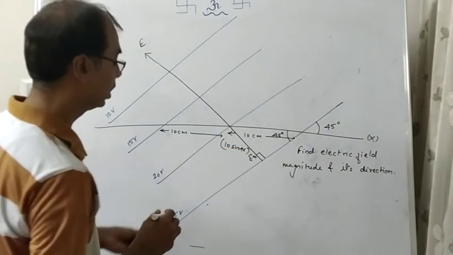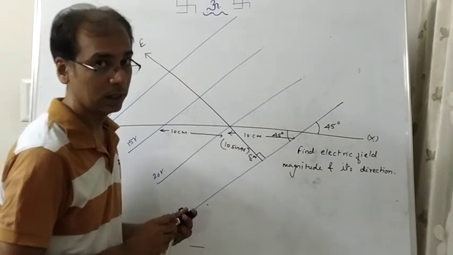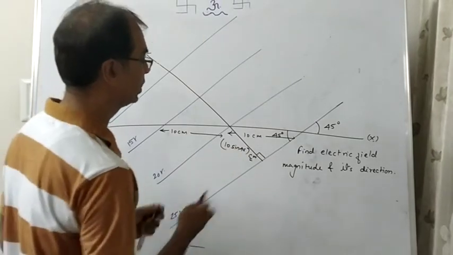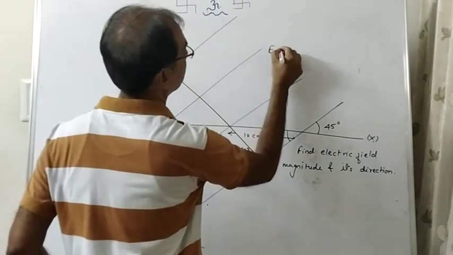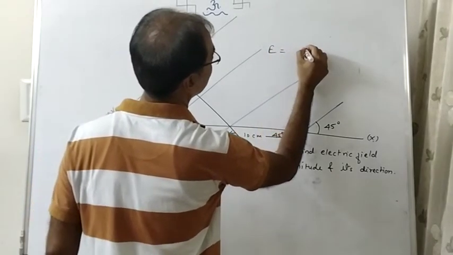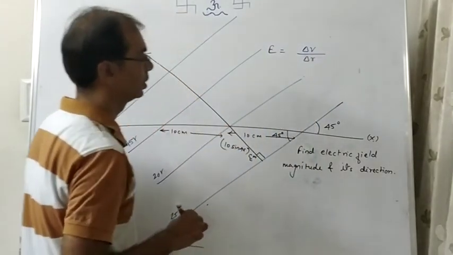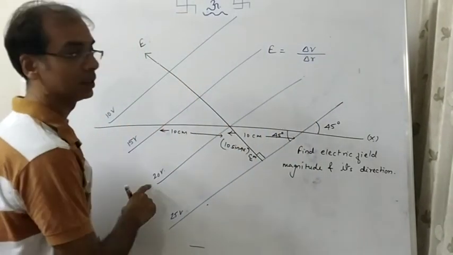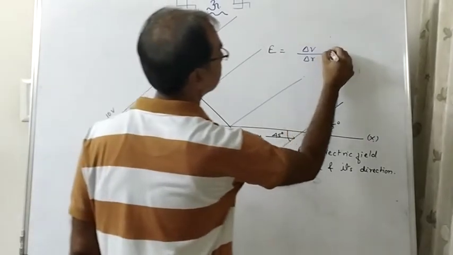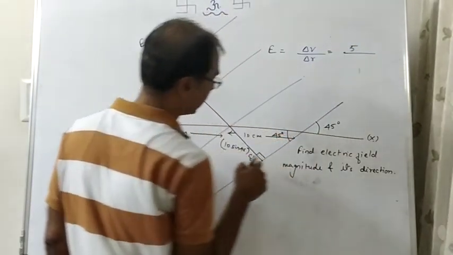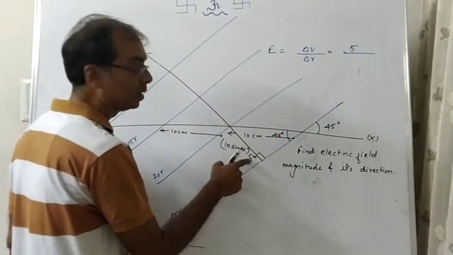Now I have the value for the electric field, because I know that the magnitude is delta V by delta R. Delta V I already know, 25 minus 20, that's 5. Delta R is this 10 sine 45, but in centimeter, remember that.